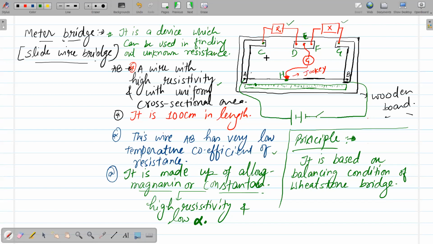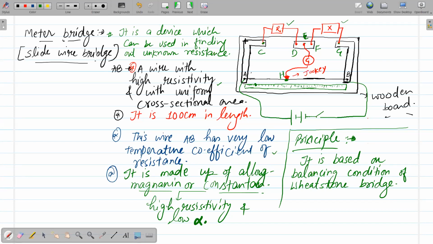So this is the purpose of taking copper, because we have a few more good conductors than copper, like silver, like gold, but obviously we cannot use that in this instrument, because in that case the instrument will become costly, right? So it will not be feasible. So we prefer copper only.